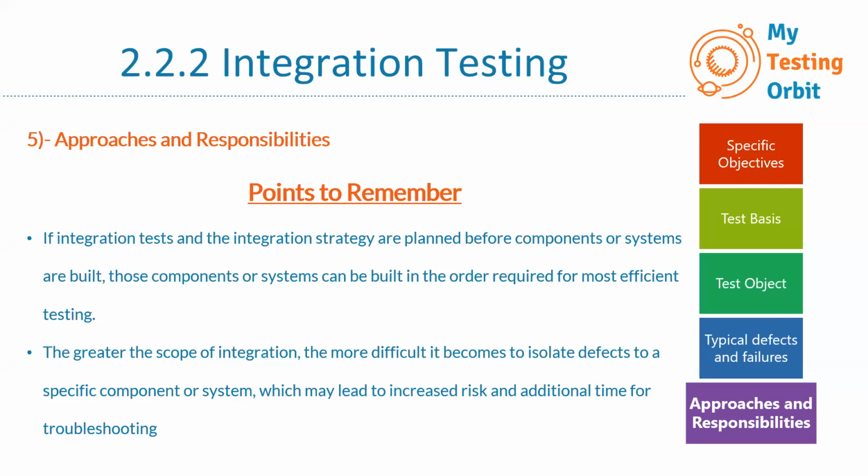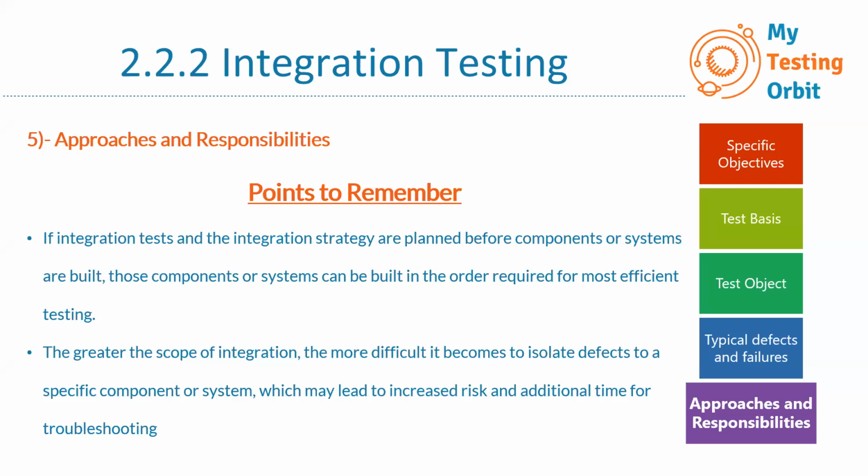So if components A, B, and C are three components which depend on each other, we will start with component A, then integrate component B, and then integrate component C, if that's the order defined. And if we have component A and C, but not component B, then as we covered the concept of stubs and drivers in our last session, we will use that.